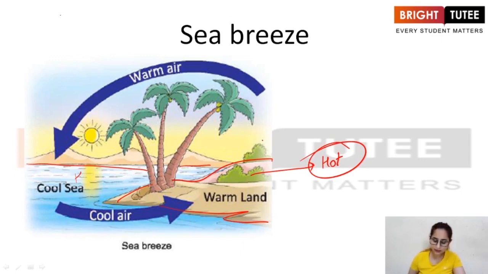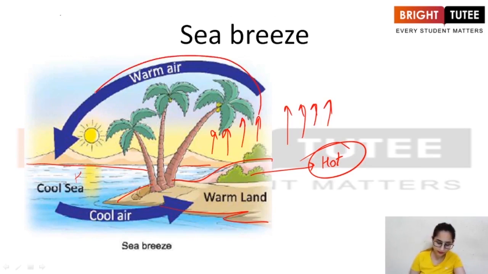So the air that is present above the land becomes hot and rises upwards. As it is rising, the air then moves from here towards the sea.